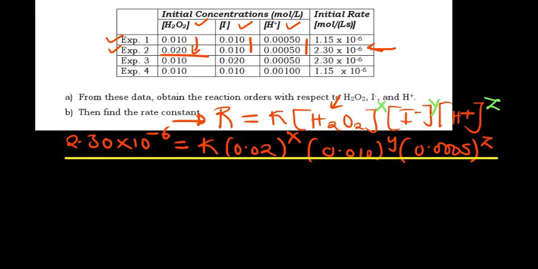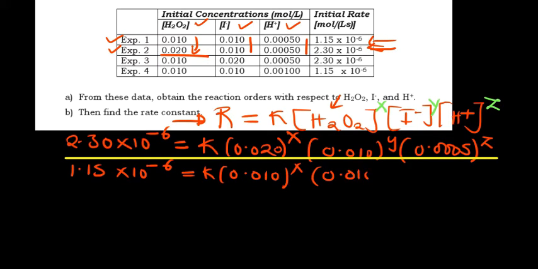So for the rate for experiment 1, we had 1.15 times 10 to the power negative 6 equal to K, and then 0.010 to the power X, and then we had 0.010 to the power Y, 0.0005 to the power Z. So you can see that everything else was the same except for this part.